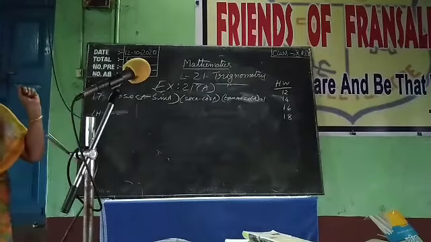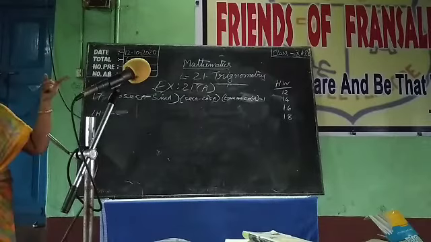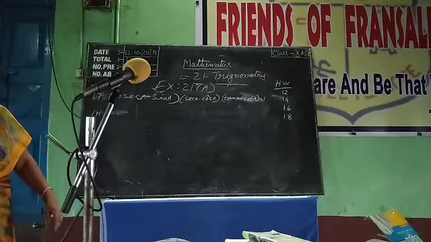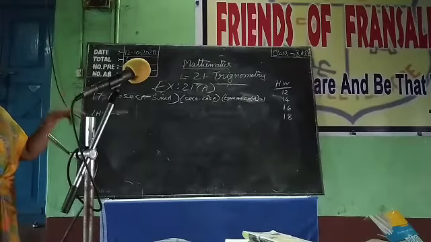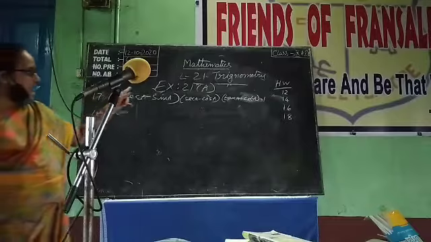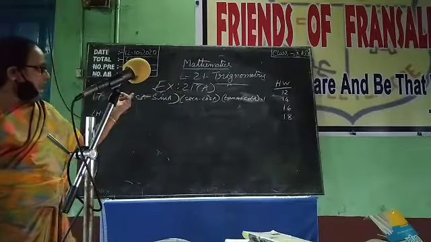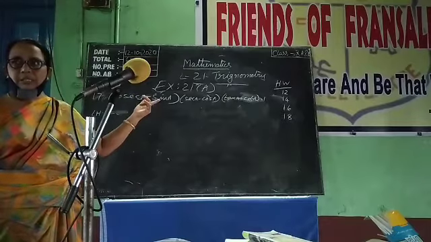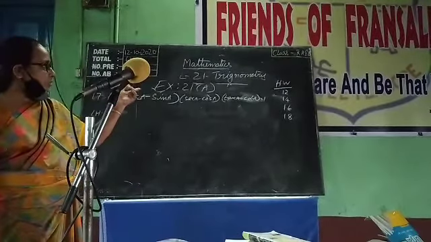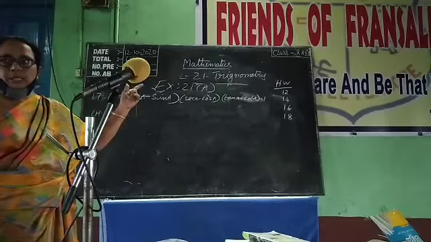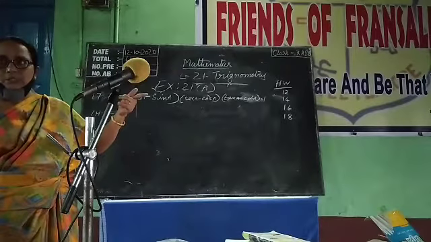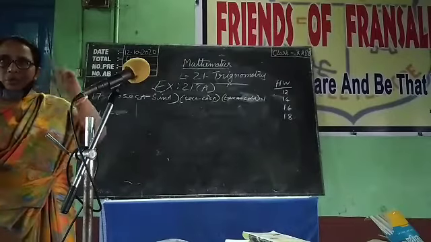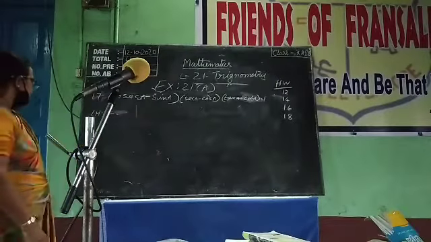Sec A can be written as 1 by cos A. Finding the LCM, 1 minus cos square A by cos A. What is 1 minus cos square A? Sin square A. So sin square A by cos A. Then next one, tan A plus cot A is sin A by cos A plus cos A by sin A. Simplifying it, you will get sin square A plus cos square A divided by sin A cos A. What is sin square A plus cos square A? 1. So 1 by sin A cos A, and all the terms will get cancelled.